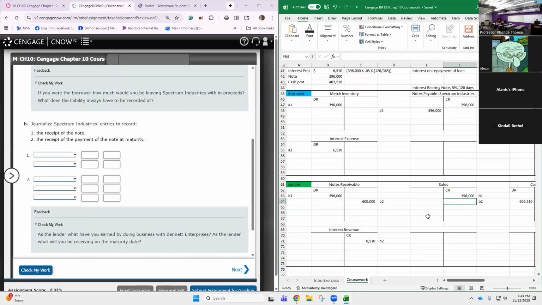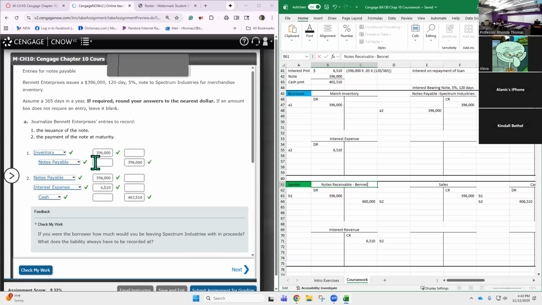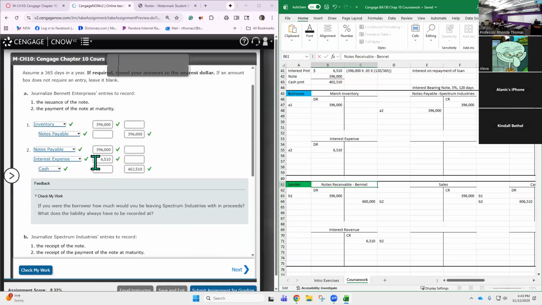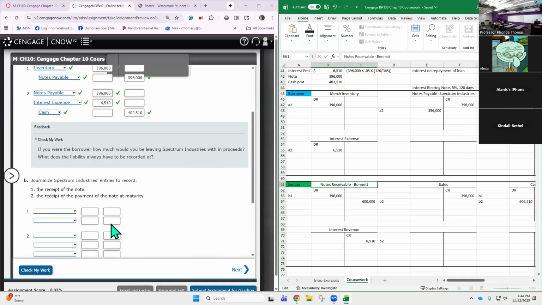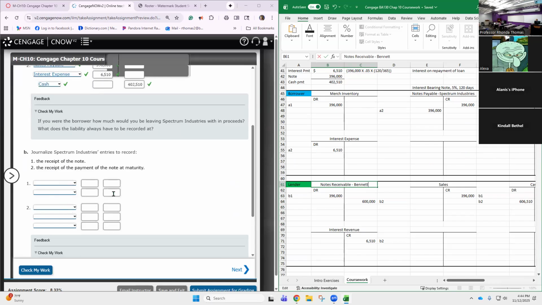So we sold to Bennett. This note receivable belongs to Bennett, so I would put that name there. Okay, two T's. So when we loan the money out, we're going to create a receivable and put the credit to that receivable in sales.